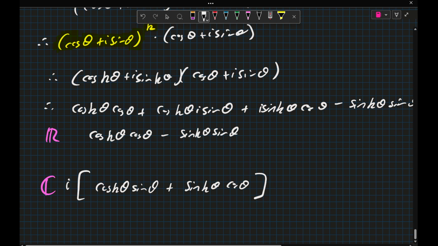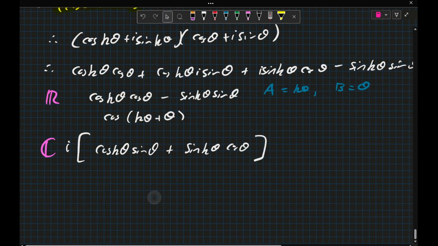Now, from the compound angle formulae, if we let A equal k theta and B equal theta, we can see that it's cos A cos B minus sine A sine B, which is cos of A plus B. So cos of A plus B, so k theta plus theta. Similarly, again, we're going to let A equal k theta and B equal theta.